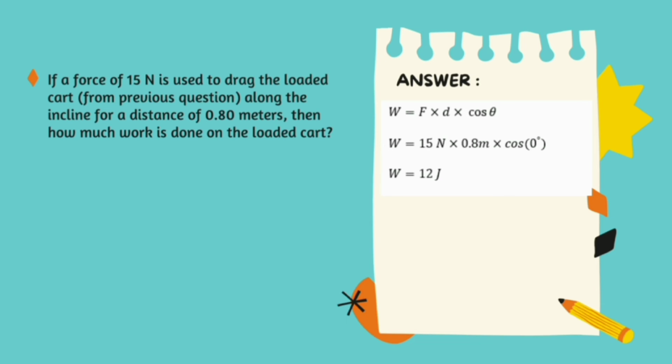For the force, in this question we have 15 newtons multiplied by 0.8 meters for the distance and cos 0. The reason why it is cos 0 is that the angle between F and d is 0 degrees, because F and d are in the same direction. For the last answer, we get the work done is equal to 12 joules.